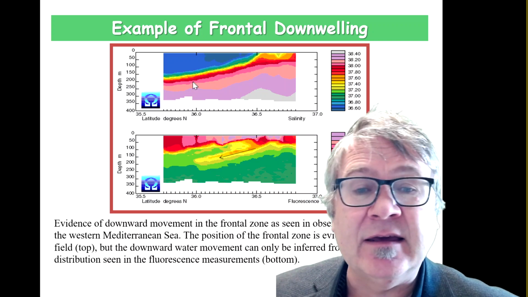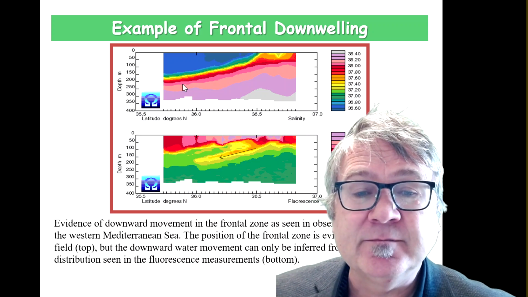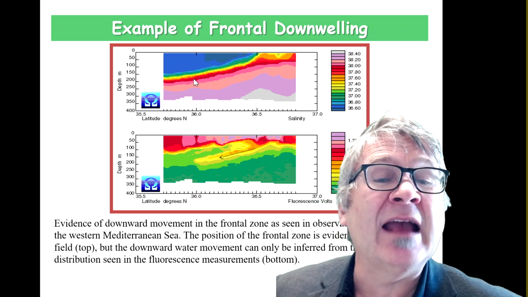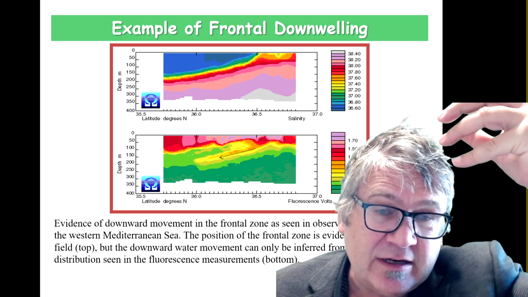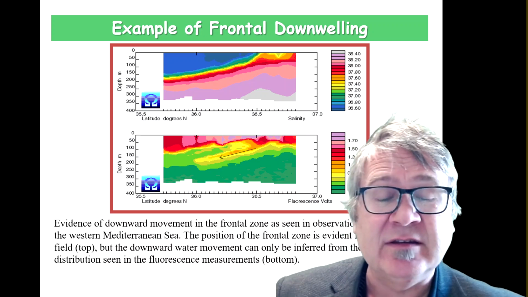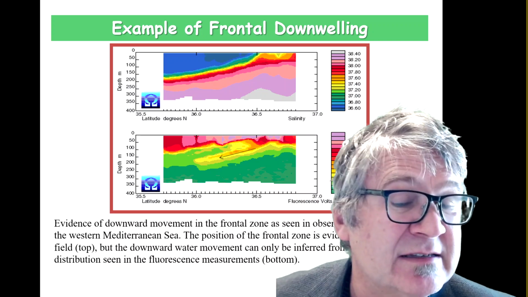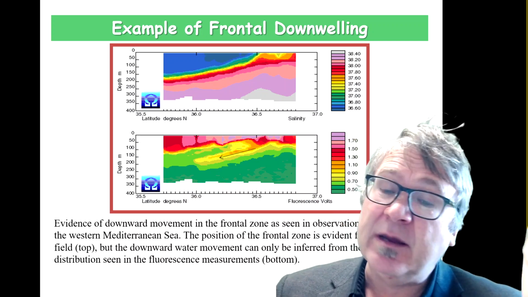You can't see any signature of it. Okay, so the downwelling actually occurs along isopycnals, where water is essentially pumped into the ocean interior. Not very deep in this example here, to a depth of 200 meters.